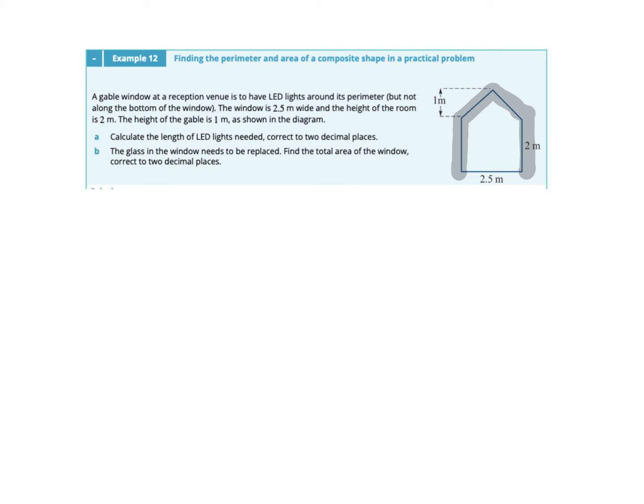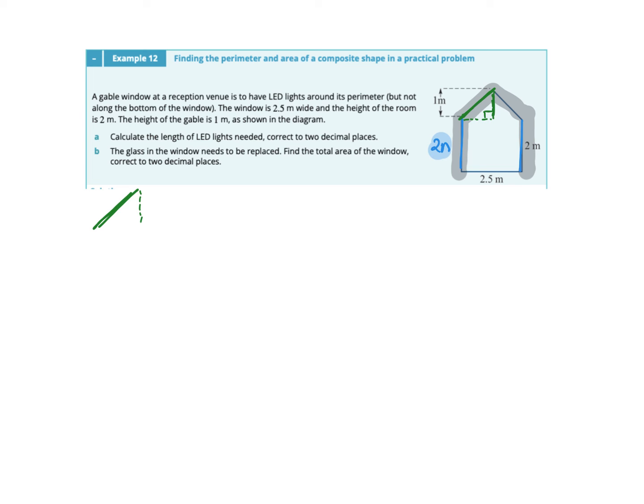So if you break it up, you've obviously got another 2 meters here. So we'd have the 2 meters plus the 2 meters. But what we need is this length here. And we don't know what that is. But what I'm going to do is create a right angle triangle in there. So if I draw that out like this, what is the height of that gable part?